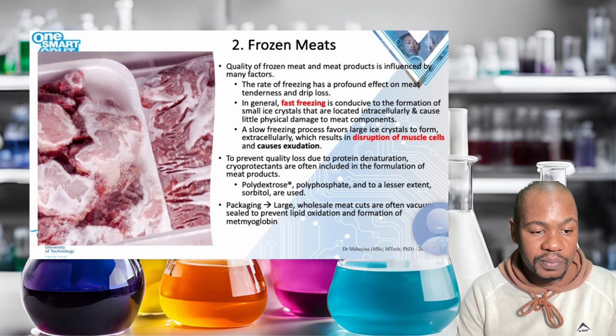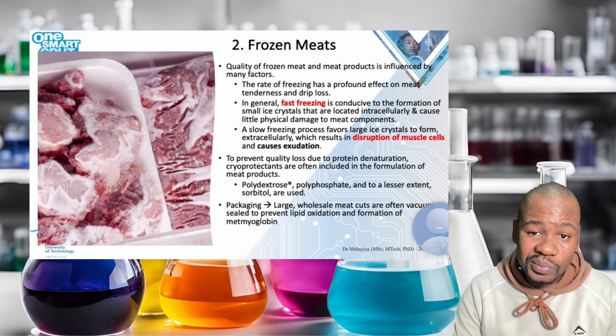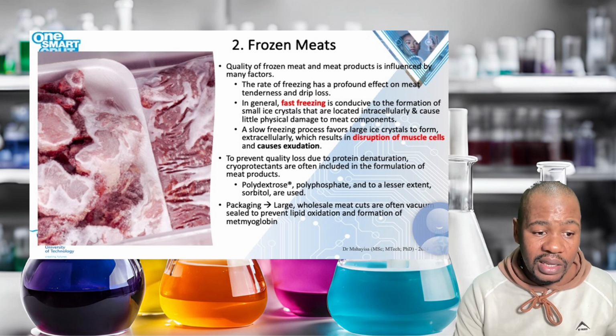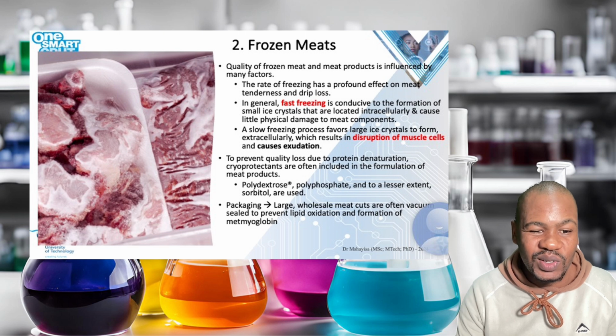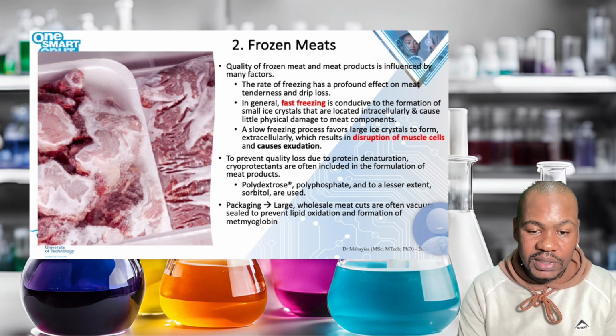helping it to stay tender and juicy. However, on the other hand, slow freezing is going to result in the formation of large ice crystals. And these large ice crystals disrupt the muscle cells and cause what we call exudation.